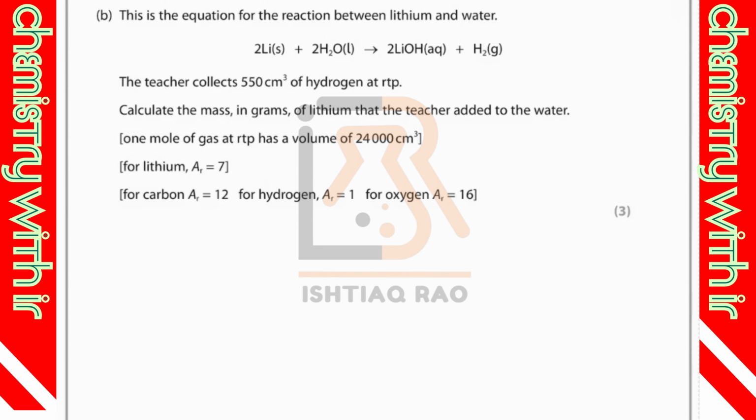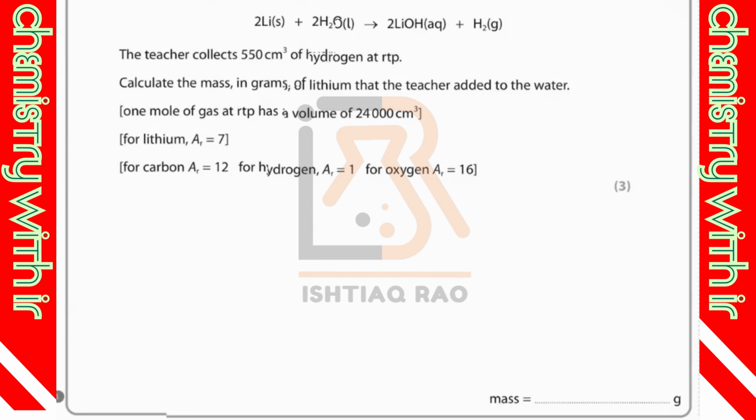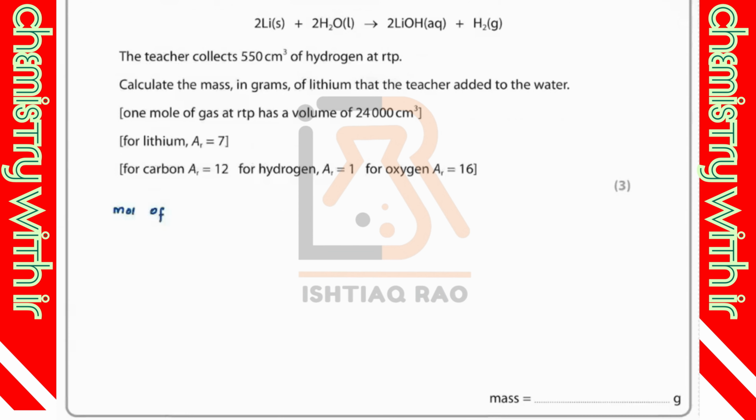First of all, I would be finding out the moles of hydrogen gas. Moles of H2 equals the given volume 550 divided by 24,000. The answer is 0.0229. This is the mole.